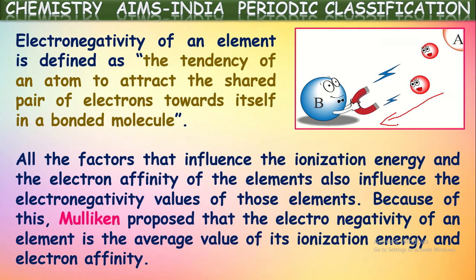All the factors that influence the ionization energy and electron affinity of the elements also influence the electronegativity, like size, electronic configuration, and nuclear charge. Because of this, Mulliken proposed that the electronegativity of an atom or an element is the average value of its ionization energy and electron affinity.